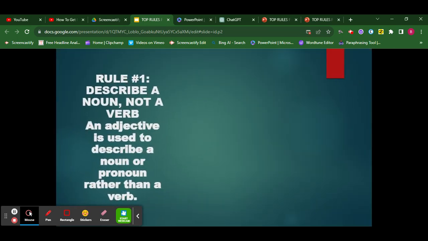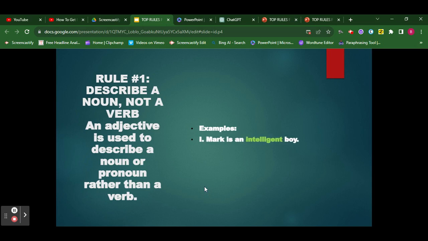Rule number 1, describe a noun, not a verb. That is the first rule. Adjectives are used in describing nouns, not verbs. All right, that is rule number 1. Let's look at examples. Mark is an intelligent boy.